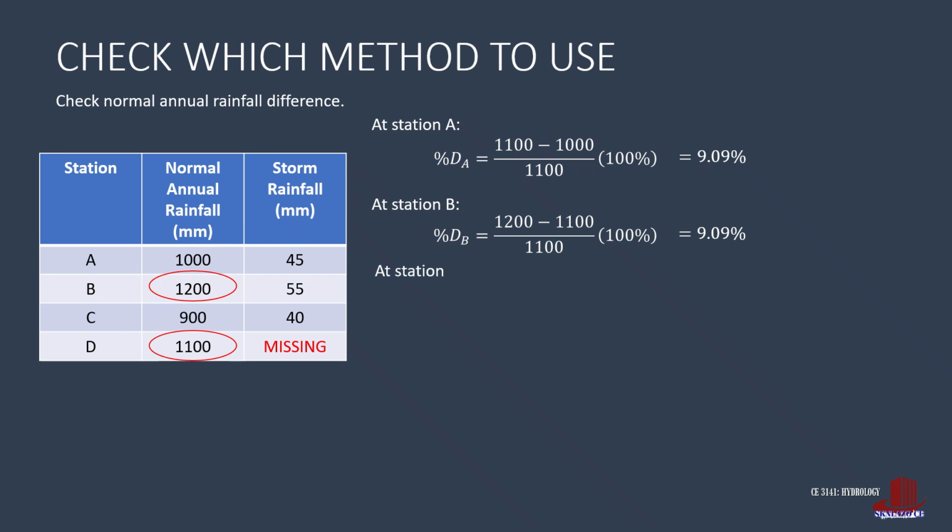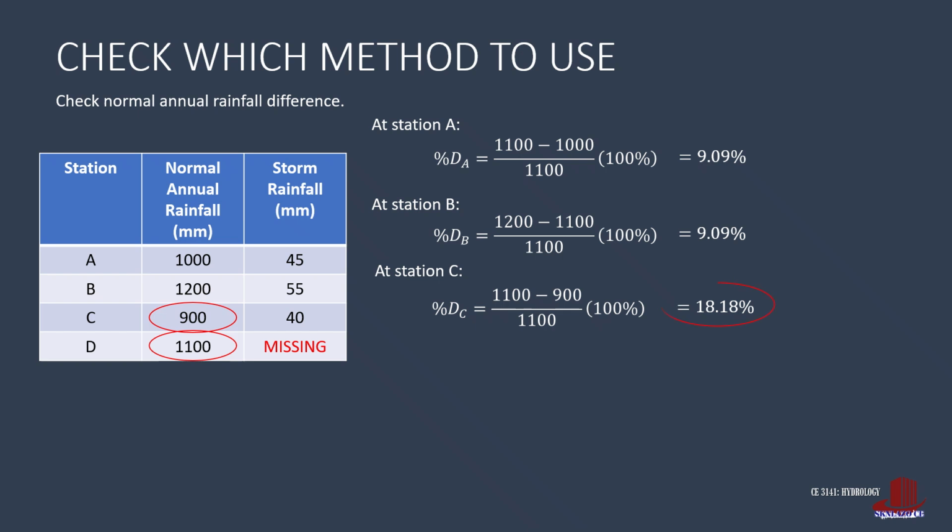At Station C, the percent difference is solved by subtracting 900 from 1,100, then dividing the result by 1,100, then multiplying by 100% to get 18.18%.